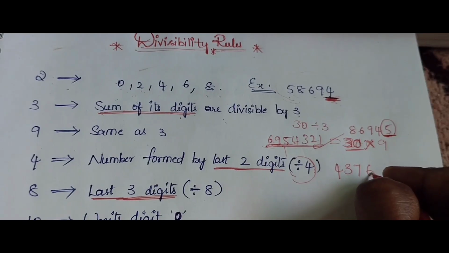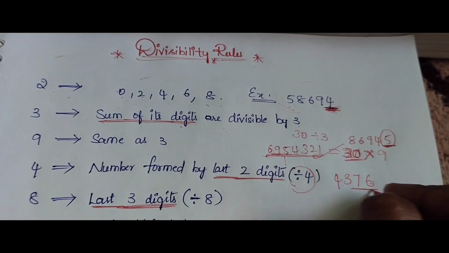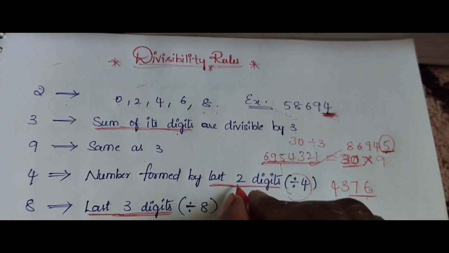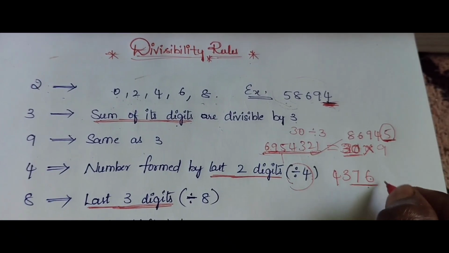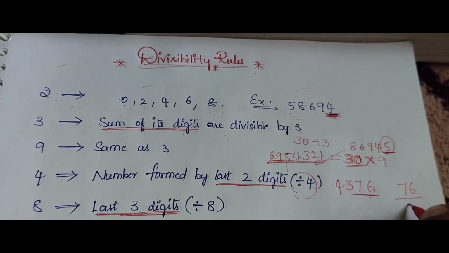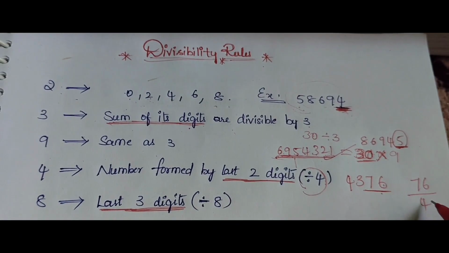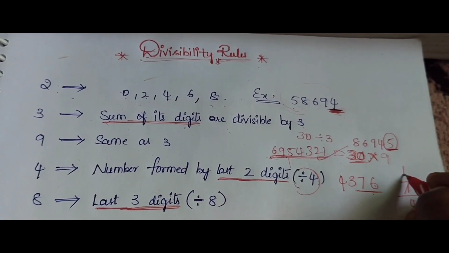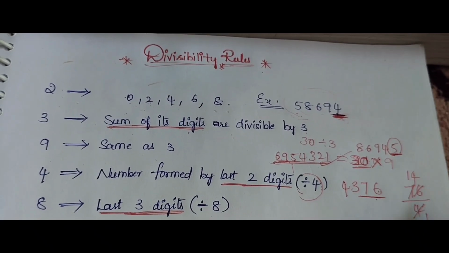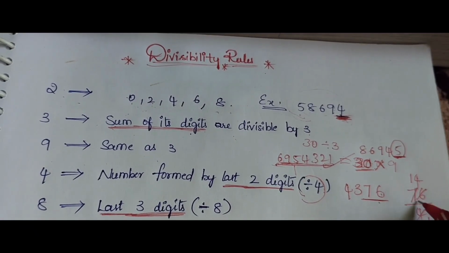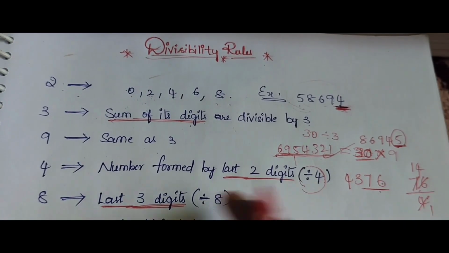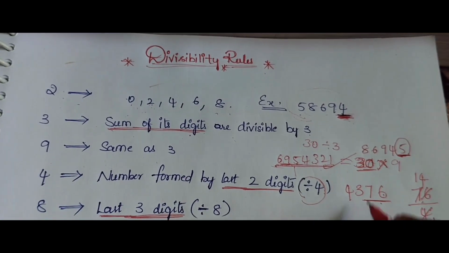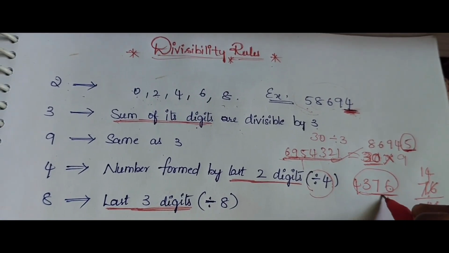Is it divisible by 4 or not? We check the last two digits, 76. 4 ones are 4, 4 fours are 16, that means 4 nineteens are 76. It is divisible by 4, so this number is also divisible by 4.